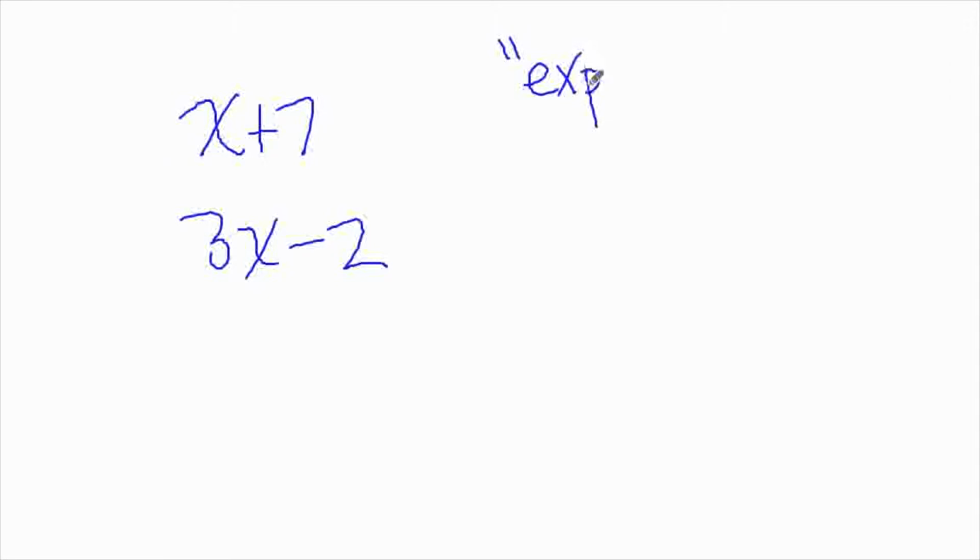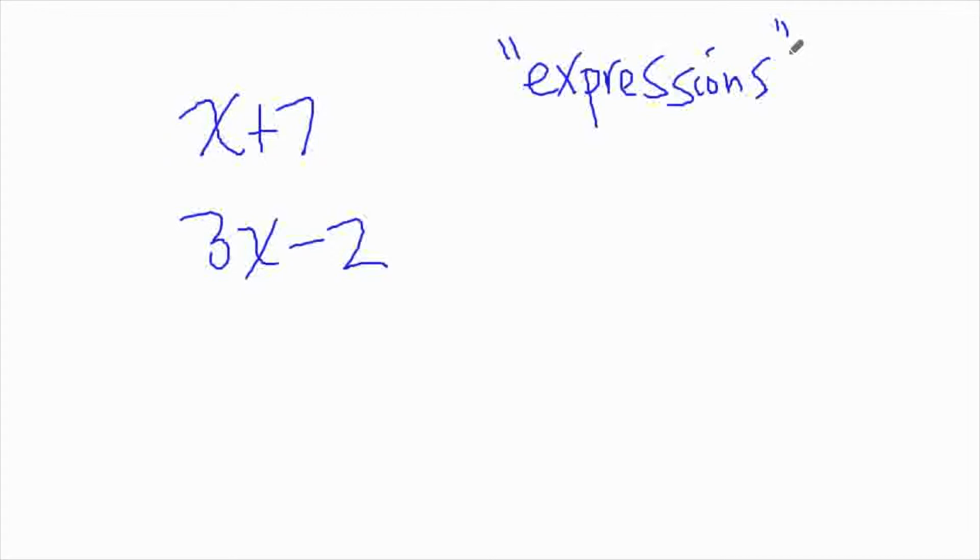All right, when you write something like this, mystery quantity plus 7, or 3 times the mystery quantity minus 2, these are referred to as expressions. Okay, an expression is yet another quantity that's built in terms of numbers, known quantities, and it could include variables, or it could include both.